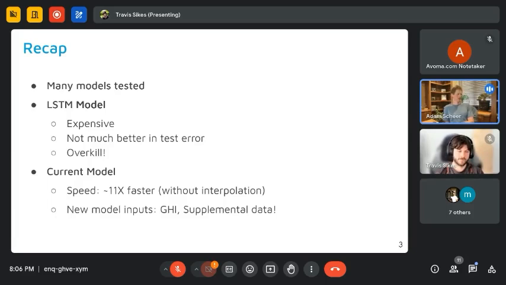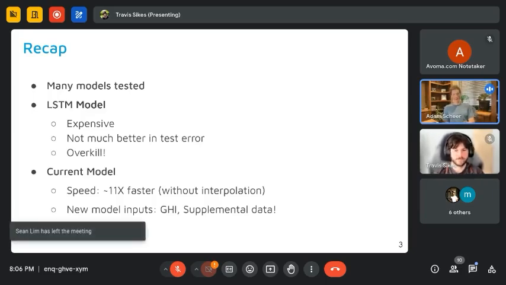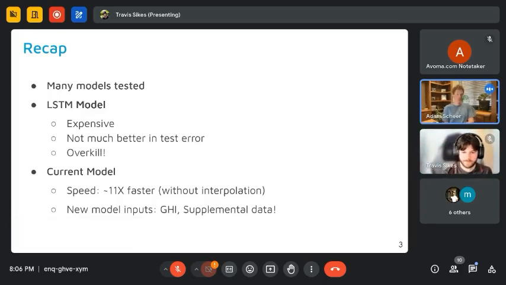We've even gone as far as to test an LSTM model and found that to be expensive, and even though it was a deep learning approach with high computational power, it just didn't actually perform much better when we looked at test data sets. So we found that to be overkill. We don't really see an enhancement in performance even when we're using a state-of-the-art deep learning approach.